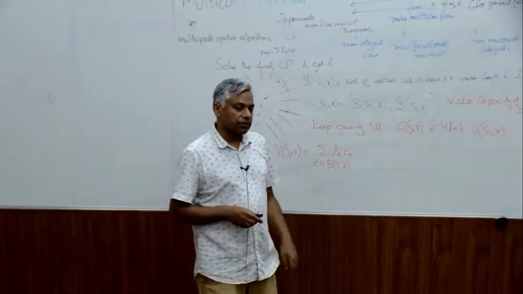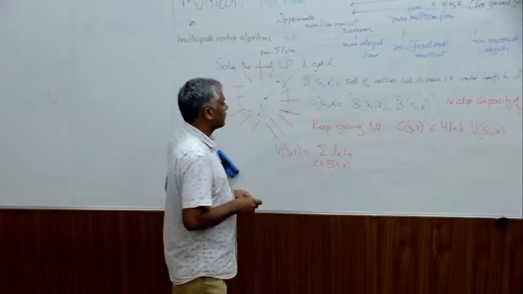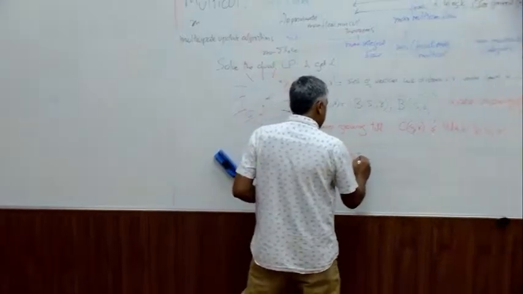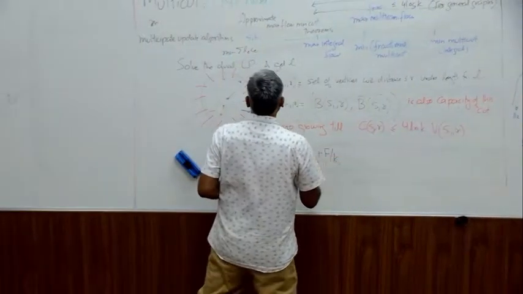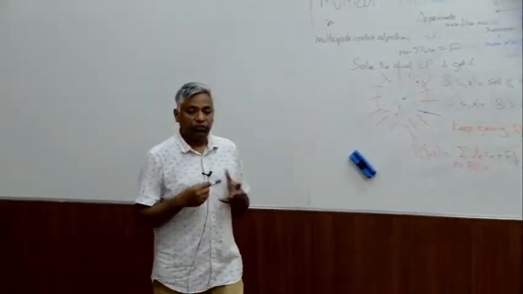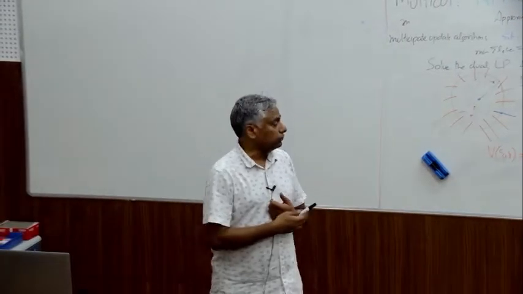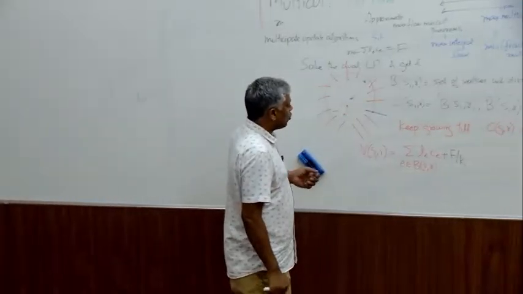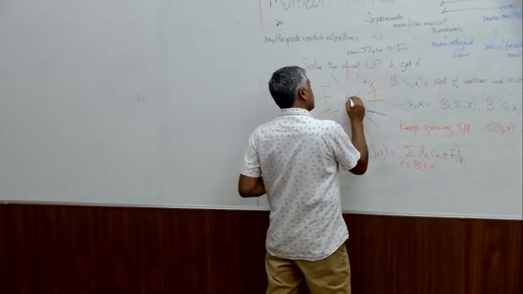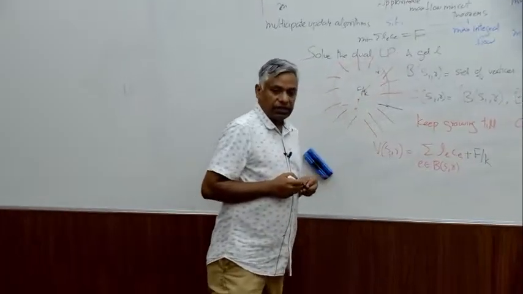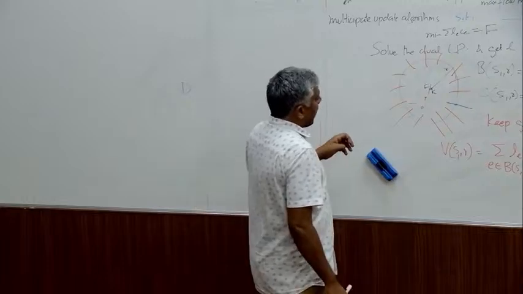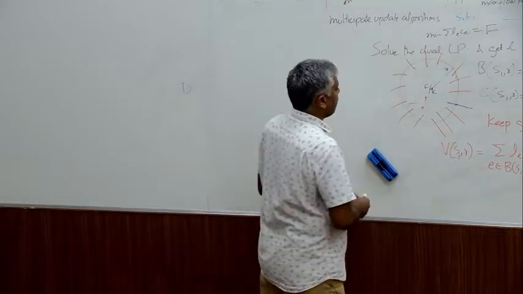K is the number of terminals, number of pairs. Okay? So this volume, I'm going to define it as this plus some F by K. This quantity F is the value of the maximum flow. So note that we associate a volume of F by K with the vertex that we started with. And what is the total volume that I have available in the graph?